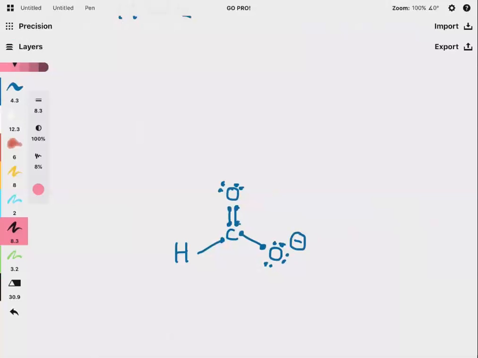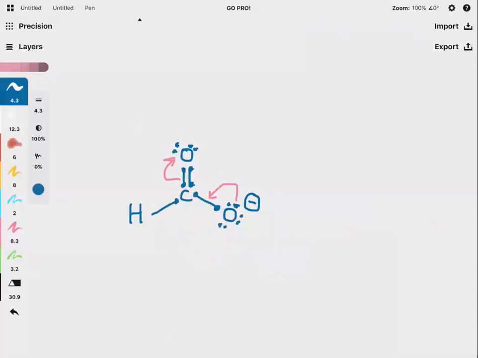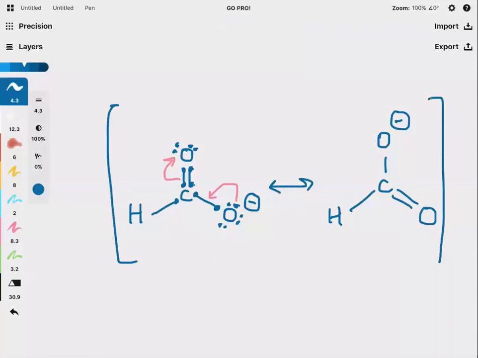So let's unburden that oxygen by moving these electrons over there. But now we've overburdened our central carbon by putting too many electrons around it. So let's unburden it by moving those electrons over there. It really is just that simple. So now we've made something like this. And there's our resonance structure.